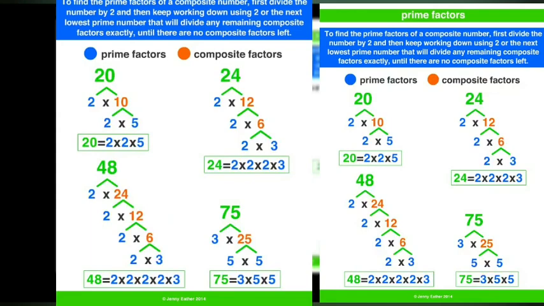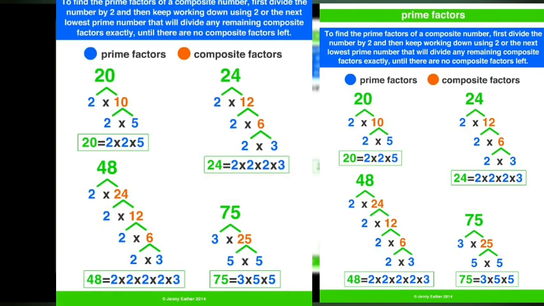Next is prime factors. To find the prime factors of a composite number, first divide the number by 2 and then keep working down using 2 or the next lowest prime number that will divide any remaining composite factor exactly, until there are no composite factors left. Here are some examples of prime factorization. First example is 20.